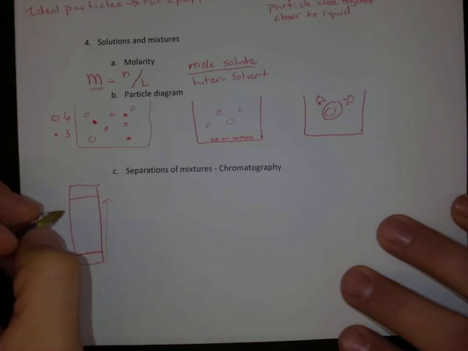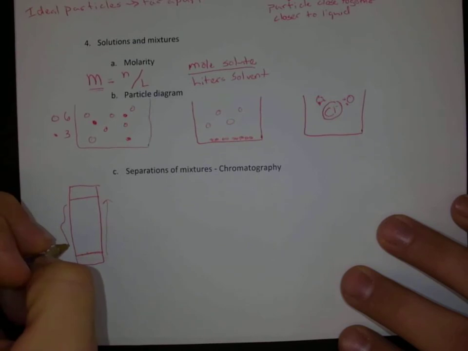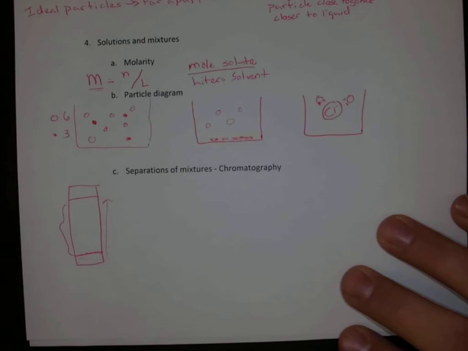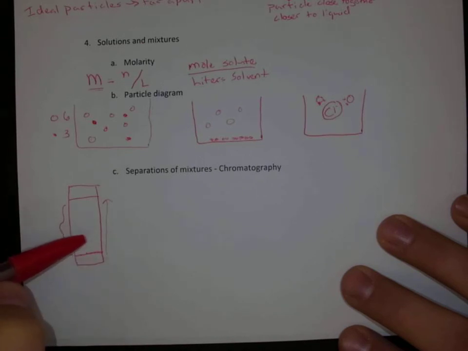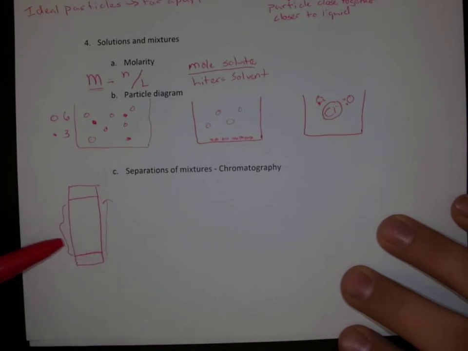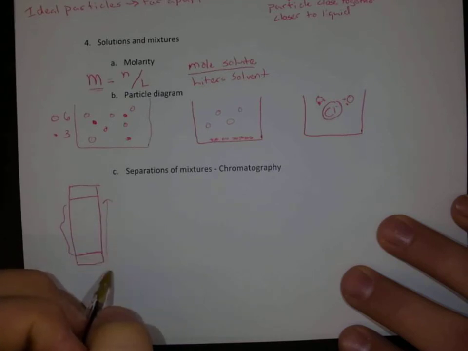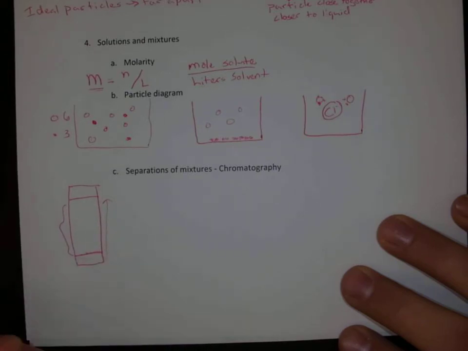If it goes somewhere in the middle, this is where we have to interpret what's happening by saying, okay, it kind of pulled it away from the paper, and if I wanted to pull it a little bit further, maybe I need to make my liquid, my mobile phase, a little bit more polar so that I can pull it a little bit further.